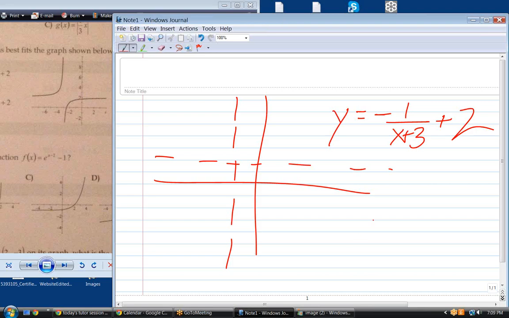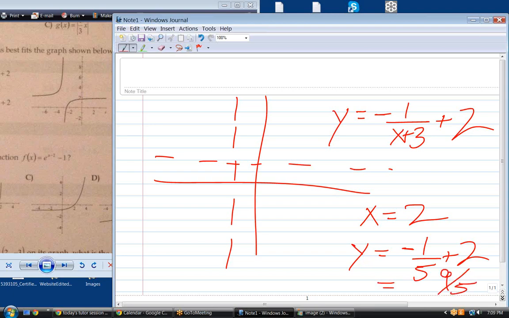Okay. So when x is 2, y is minus 1/5 plus 2, right? Yeah. Which is 9/5, a number less than 2. Well, if I go to 2 on my curve here, I'm at a number less than 2. I'm in the right spot.